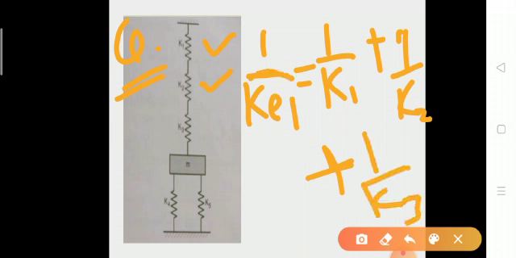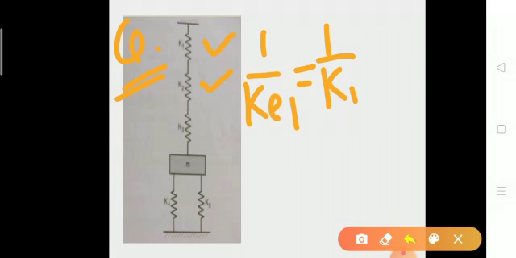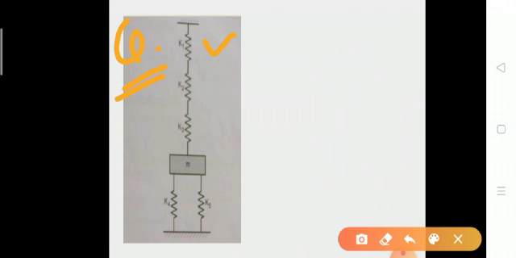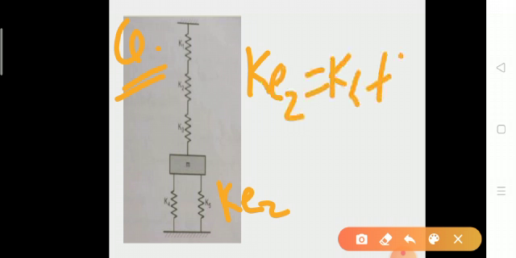So this will be the value of ke1. After that, focus on spring number 4 and spring number 5. Those two springs are in parallel with each other. We will consider their equivalent stiffness as ke2. So what will be the value of ke2? ke2 will be equal to k4 plus k5.